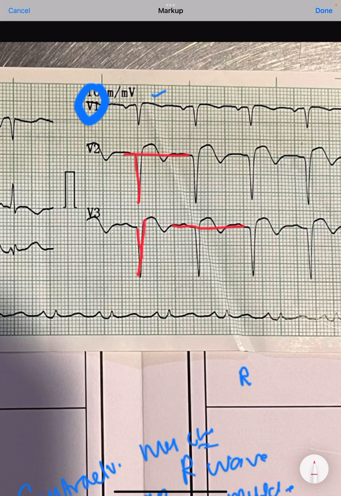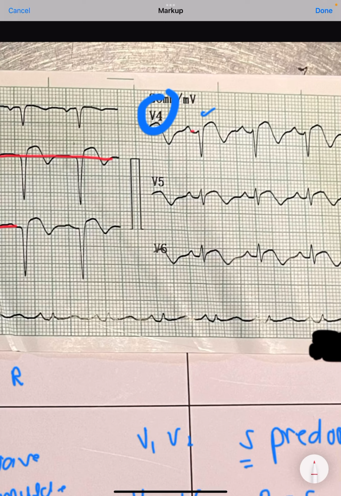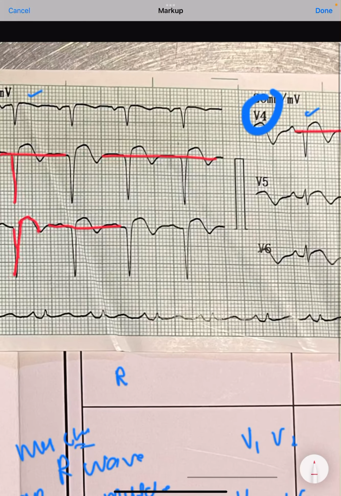This is the S wave, and this is the T. So there is J point elevation, and this is the ST elevation. This is the baseline, and we can see that there is ST elevation from V1 to V4. This ST elevation is almost two small boxes.